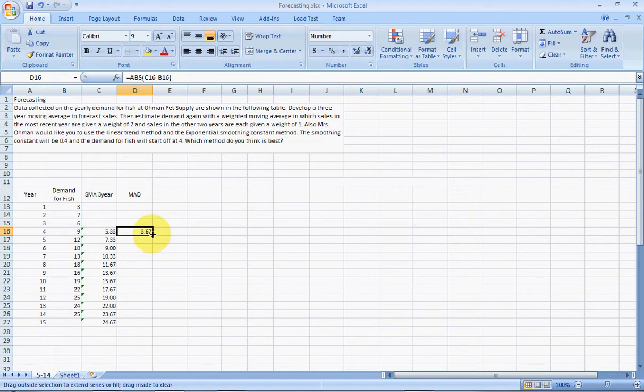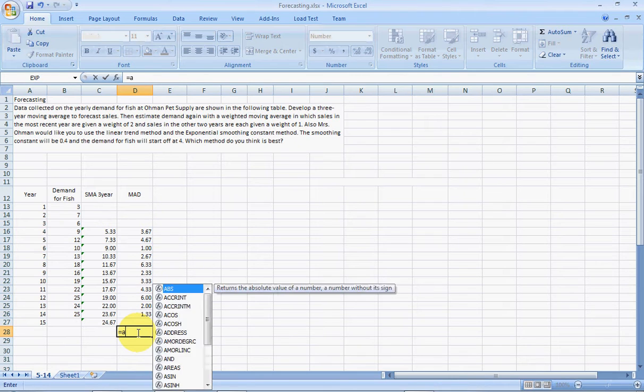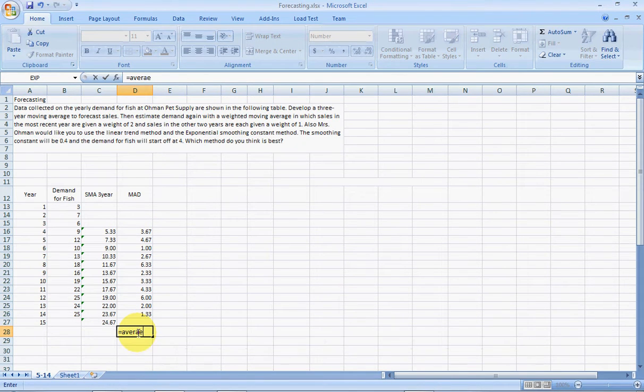So if we just drag that down all the way to 14, not 15, because we don't have data right here, and we do an average of this, we see that the average mean distribution for the simple moving average is 3.42. So there's an average of 3.42 difference between what we predicted and what the actual was.